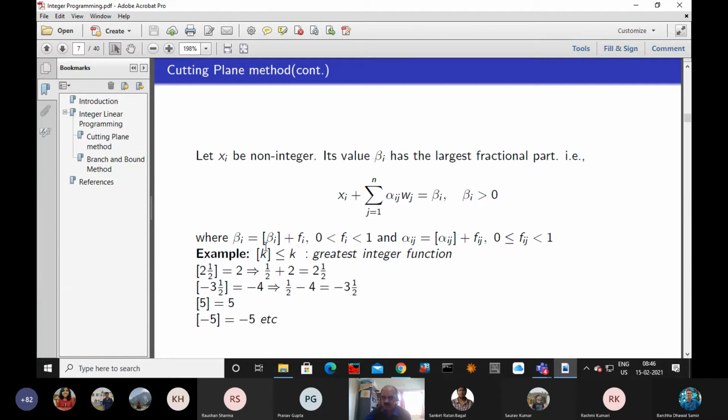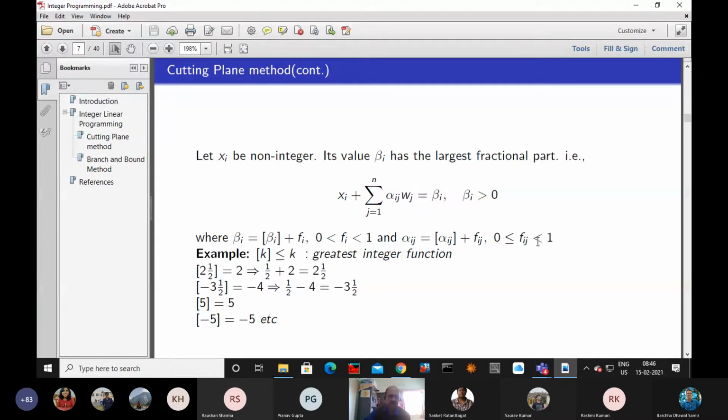With respect to alpha ij, alpha ij equals the integral part of alpha ij plus fij, where fij is greater than or equal to 0 and less than 1. If alpha ij is an integer, then fij will be 0.